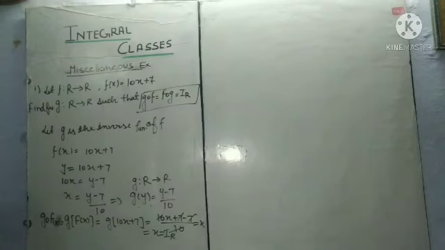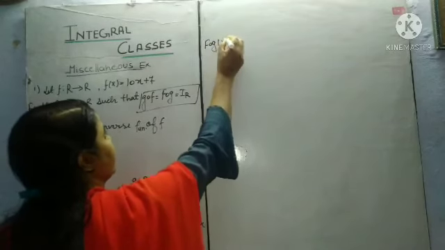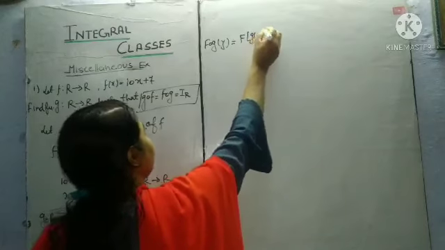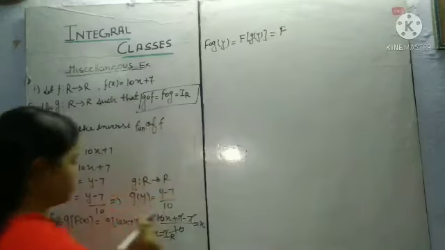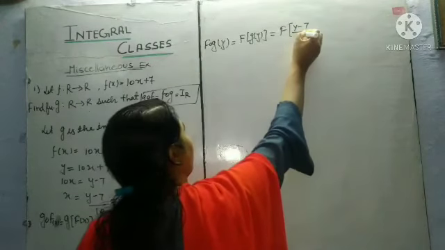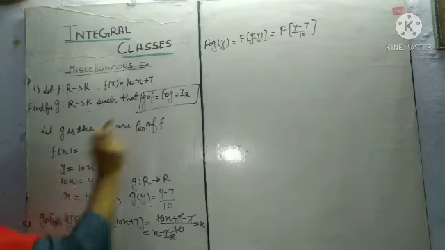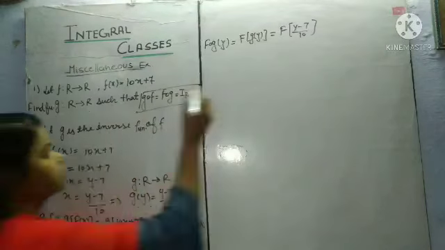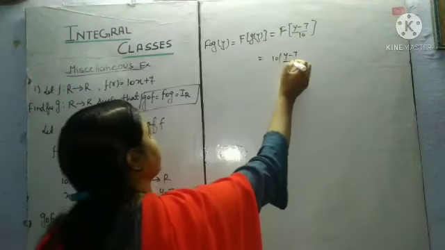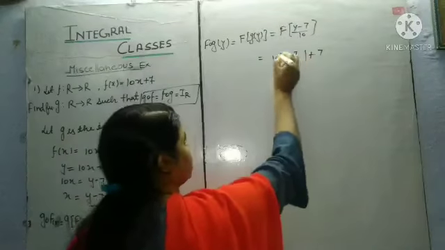Now on the other side, we will also find the value of f of g(y). So f of g(y). Now g(y) is given (y minus 7) upon 10. Now we will replace x by (y minus 7) upon 10. Then we will get 10 times (y minus 7) upon 10 plus 7. 10 is cancelled.